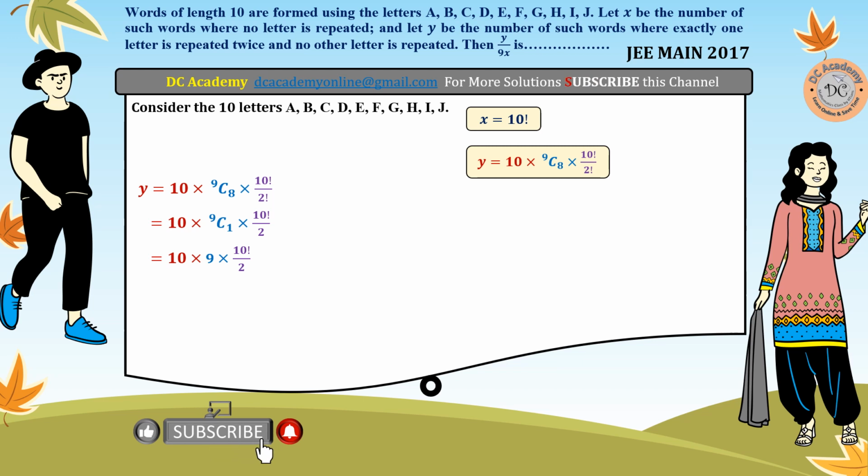I am not calculating it fully, because the X value is also factorial 10. So it will be 45 multiplied by factorial 10, that is 45 into X. Therefore Y by 9X is equal to 5. So for this particular problem, 5 is the correct value. Hope you understood it. Thank you.